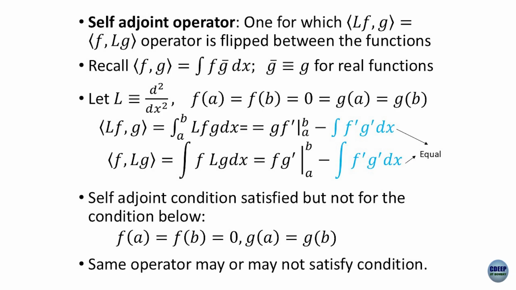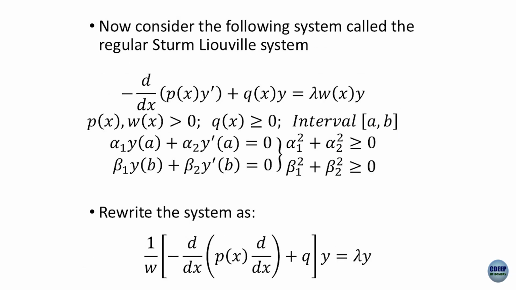But we said that the self-adjoint operator is a linear operator that comes about in the so-called Sturm-Liouville system.